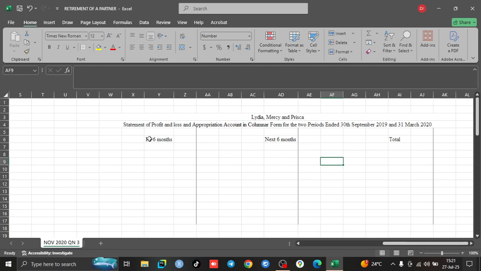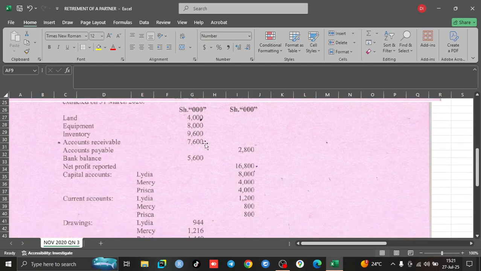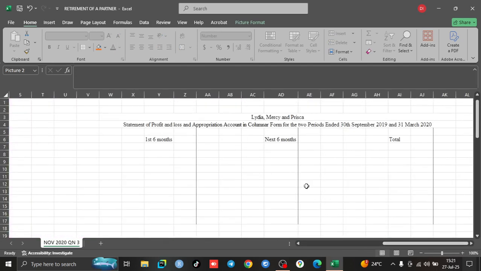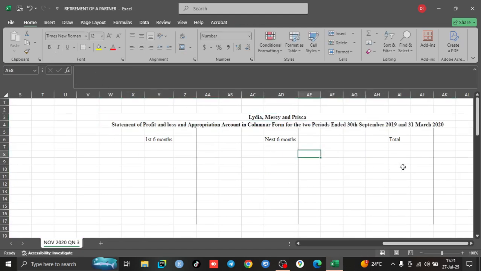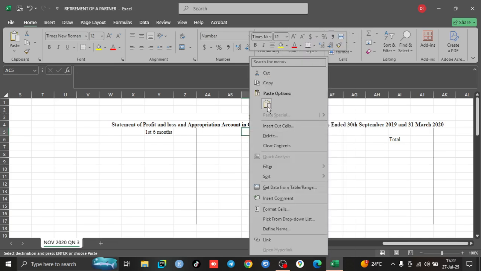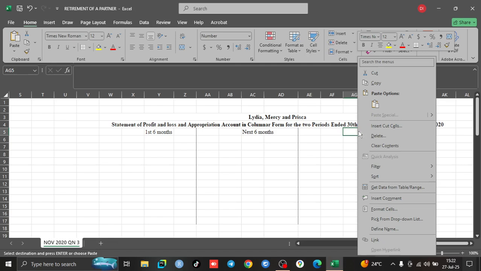That's okay. Then it will be shillings in thousands. Is it in thousands? Yes, we are going to use it in thousands. But first of all, let me format here in a better way. So this first 6 months, I can bring it to the top. The same for this one, and the same for our total here, to the top.